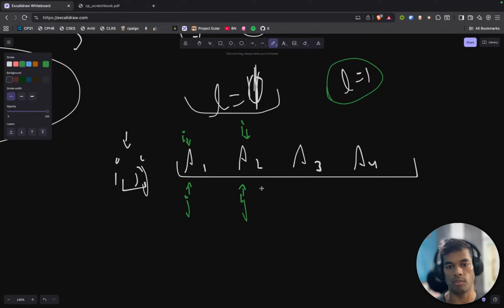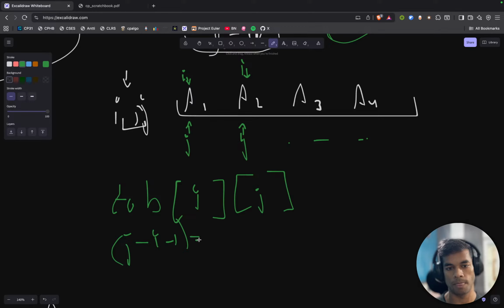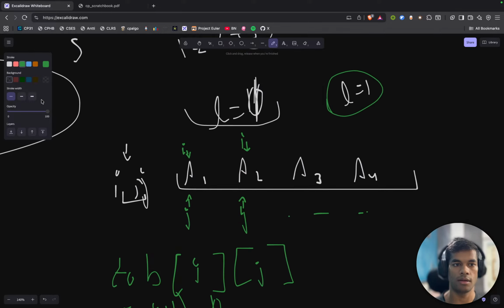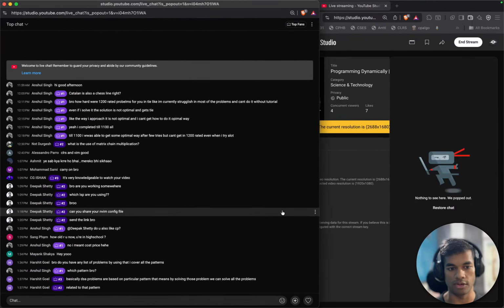We will keep moving forward, and we would have filled the matrix tab for every value i, j where j minus i plus 1 equals L. And when L equals 2, which we are going to represent with blue, my laptop should be charging, it is not charging though.